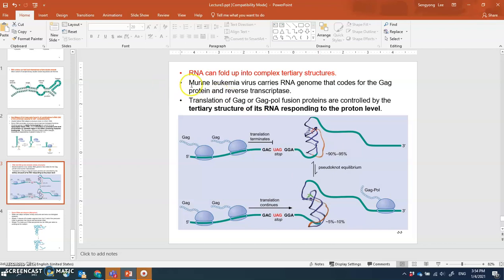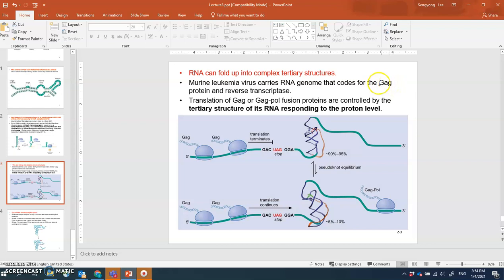Think about that virus, the murine leukemia virus. It's a unique virus. They carry an RNA genome, and that RNA genome can adapt different structures. Among those genomes, they have important functional protein coding genes, which we call the GAG protein coding gene.